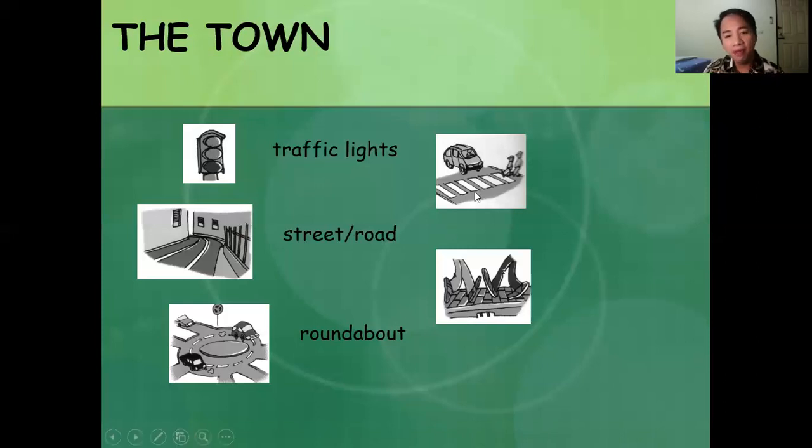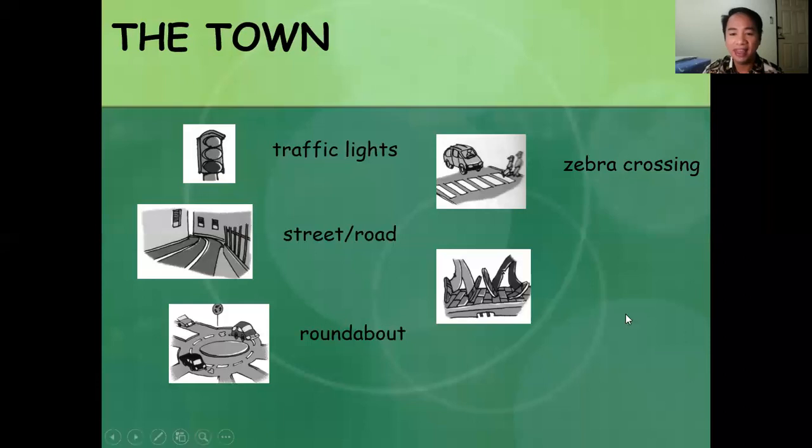And then how about this one? The next photo, you can find here a line and then you can cross in this road. What is this? This is what you call a zebra crossing, or known as a pedestrian lane. So if you want to cross the street, you have to go to the zebra crossing, or known as the pedestrian lane.